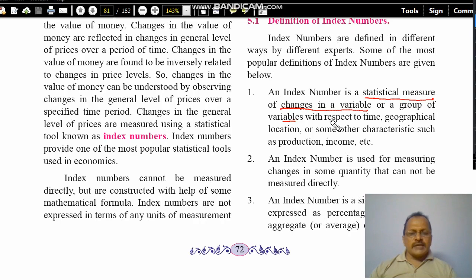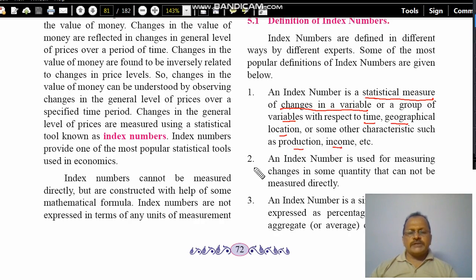We may also say that price of sugar in India is 35 rupees per kilogram, but price of sugar in Sri Lanka or in America is something different. So we may relate it to time, or we may relate it to geographical location, or we may relate it to some other characteristics. For example, production or income.